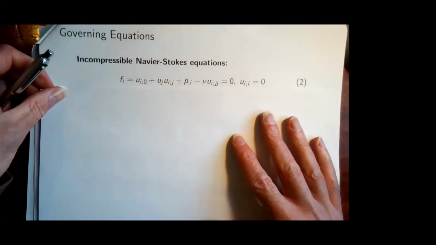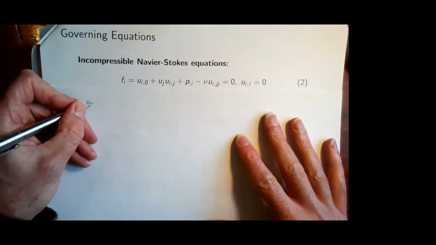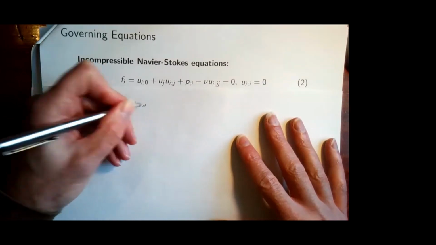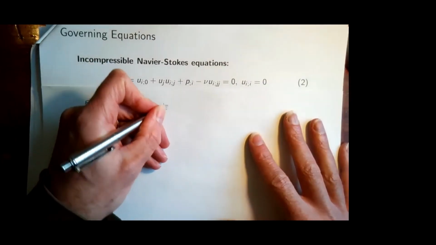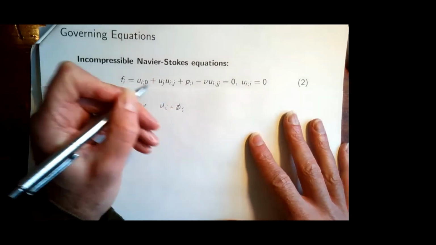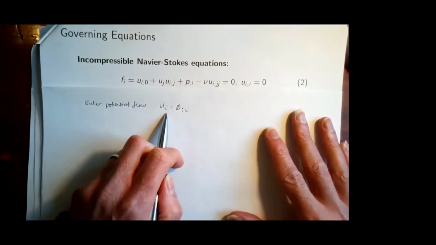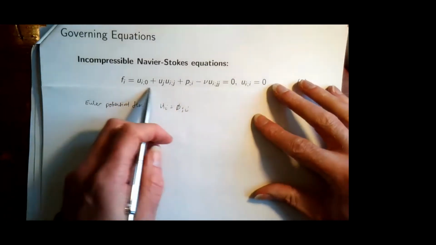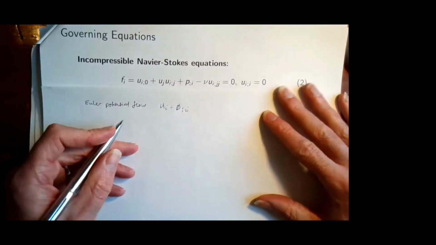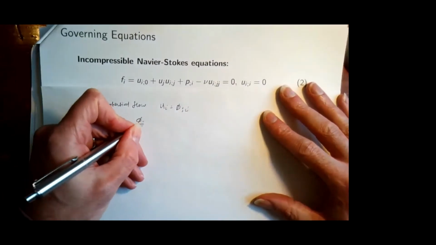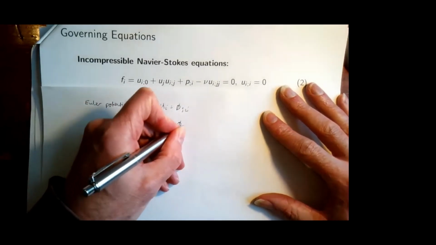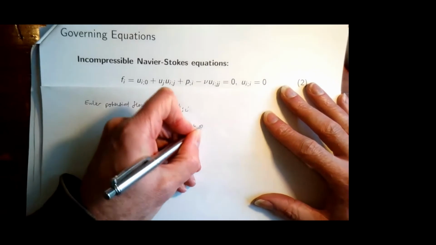So the most obvious one is for Euler potential flow. If, for example, I have u_i equals φ;i, so the velocity u can be represented by the derivatives of a potential φ, then if I put that into here, I get φ;i0 plus φ;j φ;ij plus p;i.